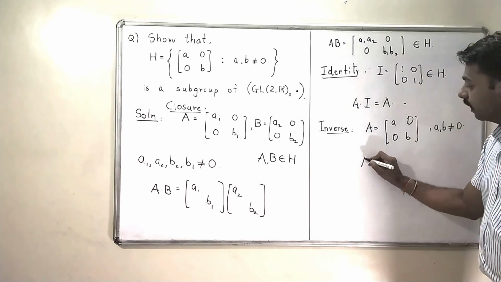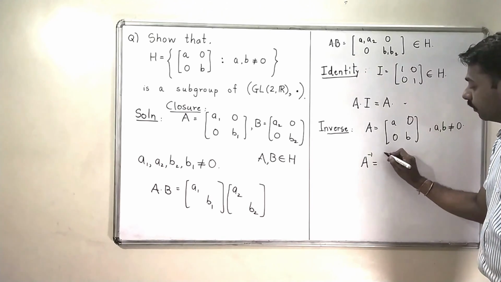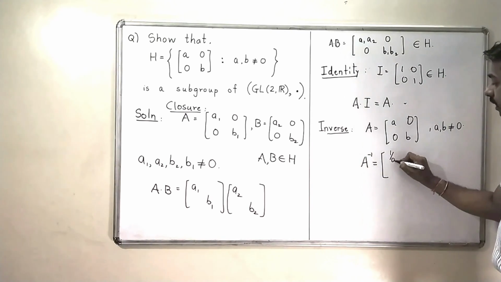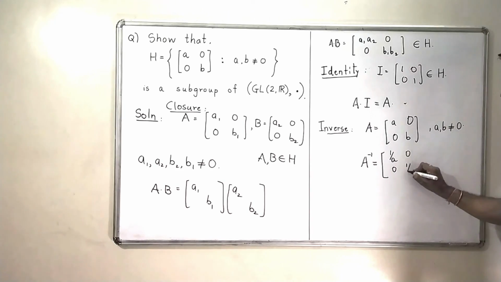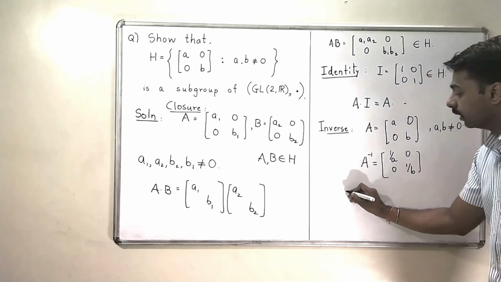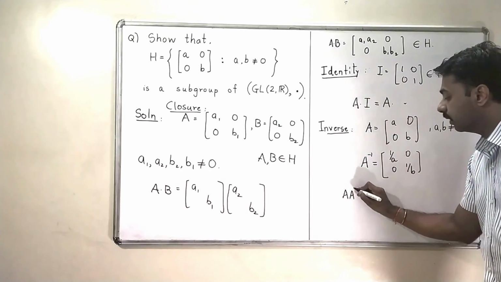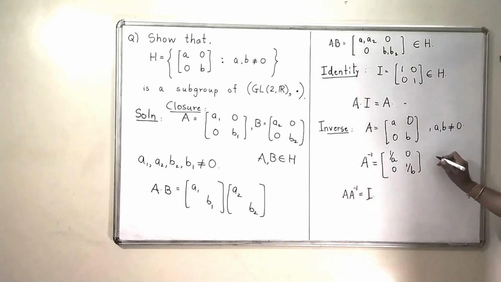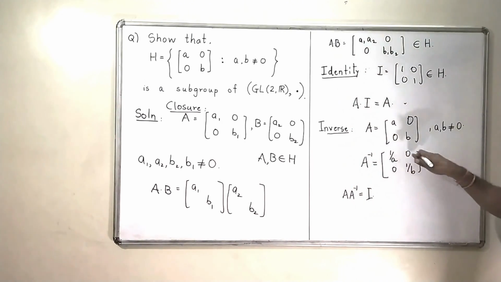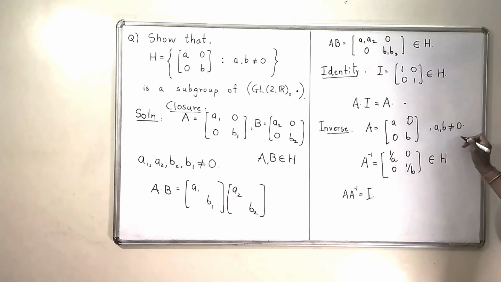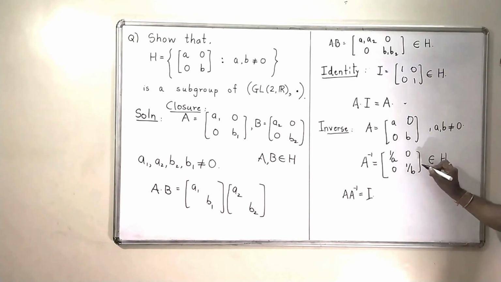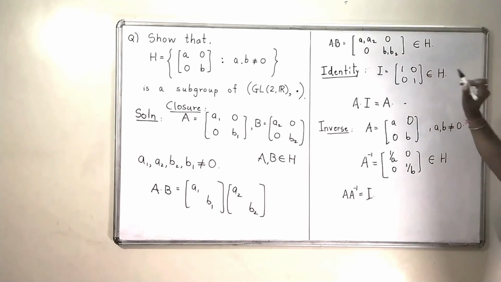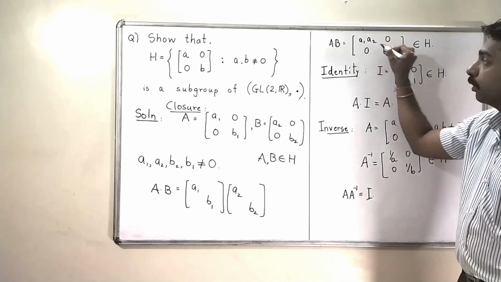Clearly the inverse of this matrix is 1 over A 0 0 1 over B, because A into A inverse will be exactly the identity matrix. So the inverse matrix also is a matrix of set H, because 1 upon A and 1 upon B are well defined, since A and B are not 0, and this is also a diagonal matrix.